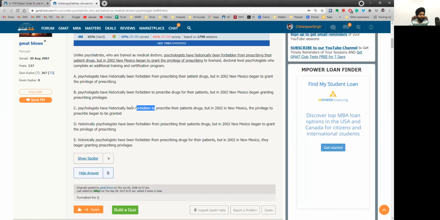I think both are fine here, just that B is clearer to read, prescribe drugs for their patients rather than to prescribe their patients drugs. When I say it's just a clarity issue, it means it's fine.